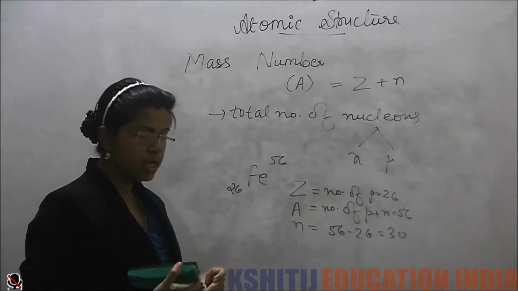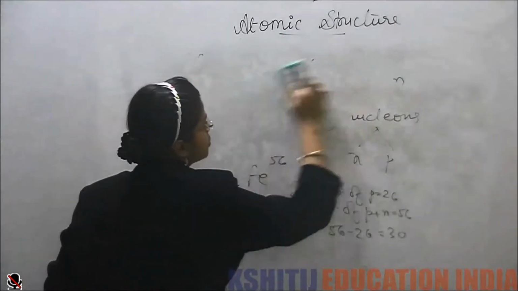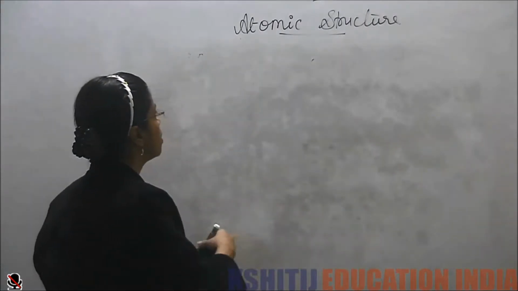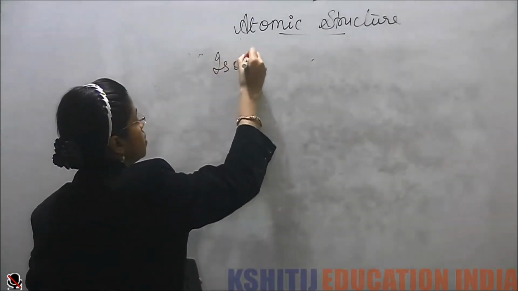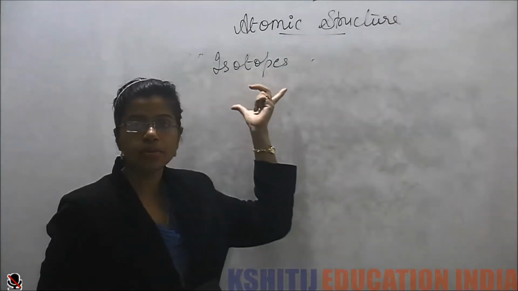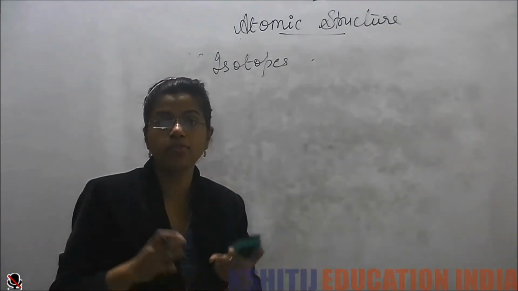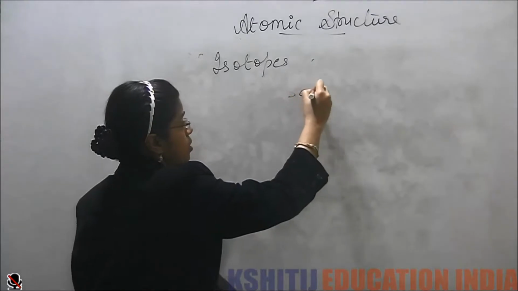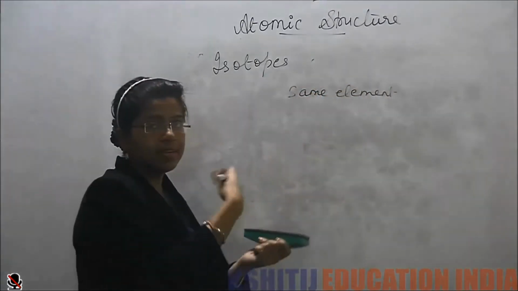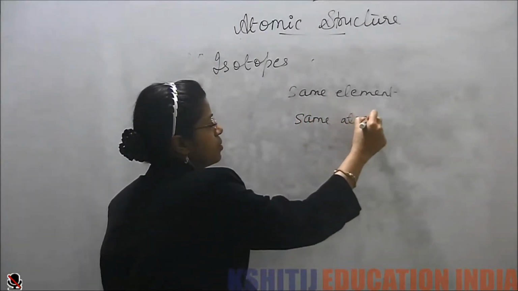Okay? The next term that we would see is about the isotopes. Now, isotopes means different atoms of the same element, remember, which have, obviously, if the element is same, same atomic number.